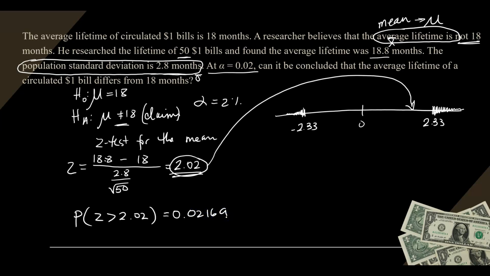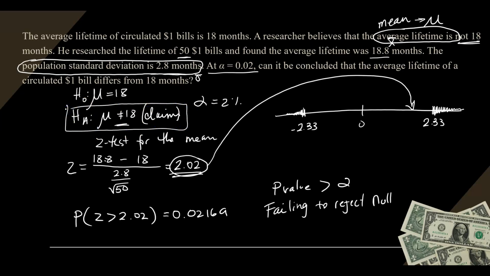Since my p-value is greater than my alpha, I am failing to reject my null. As I fail to reject, my null stands. Unfortunately, my evidence does not support the claim. Remember, the claim was the alternative, and my evidence is not supporting this.